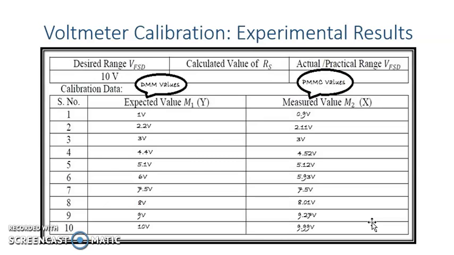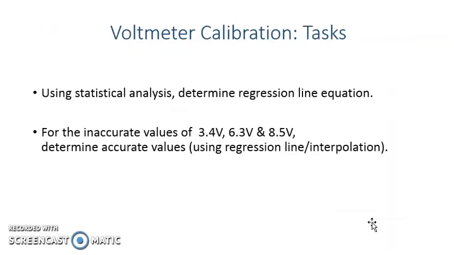So these practical values are supposed to be used for the further statistical analysis and determination of regression line, and we'll do the same thing, that is using that regression line we'll determine the accurate values for the inaccurate values 3.4, 6.3 and 8.5.